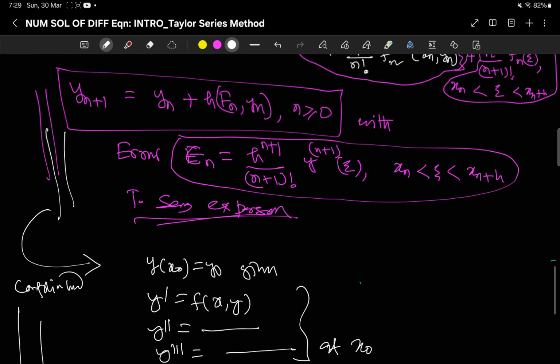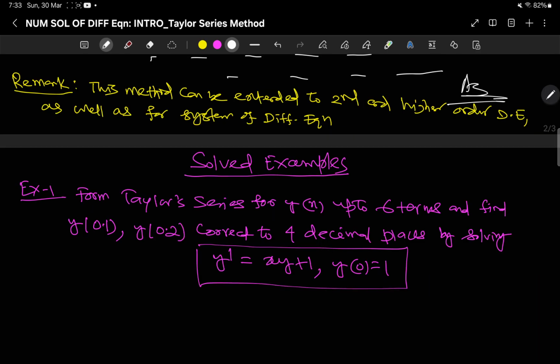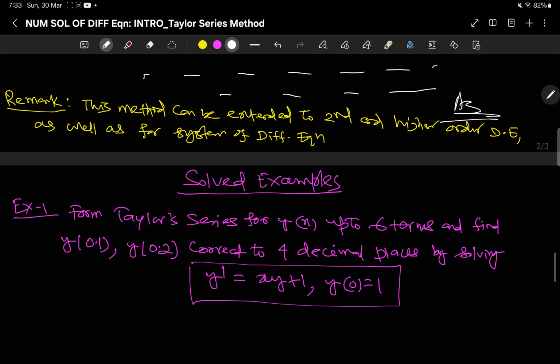Basically here we have discussed the solution for the first order initial value problem. However, this can be extended to higher order differential equations, and subsequently also to systems of differential equations.